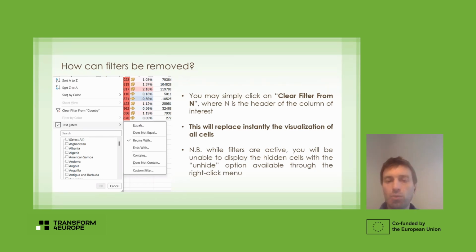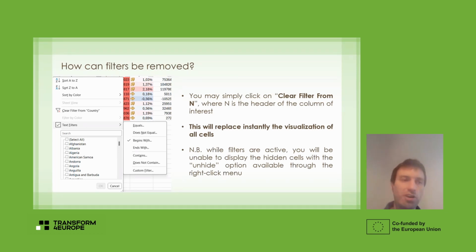One thing that you should notice is that, of course, filters do actually hide your cells, but it's a special type of hiding, which is different from the one you apply with your right click on the row name, for example, because you cannot really unhide the hidden cells unless you remove the filter first.